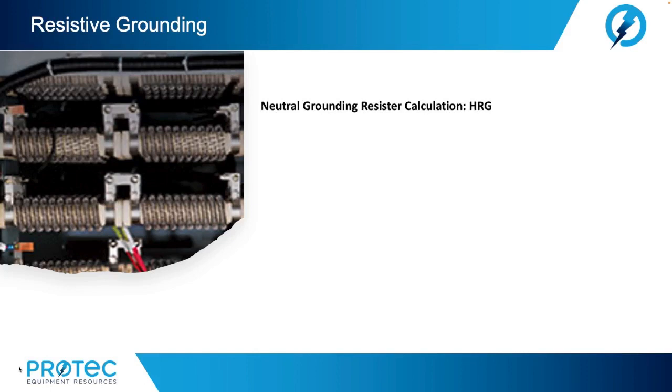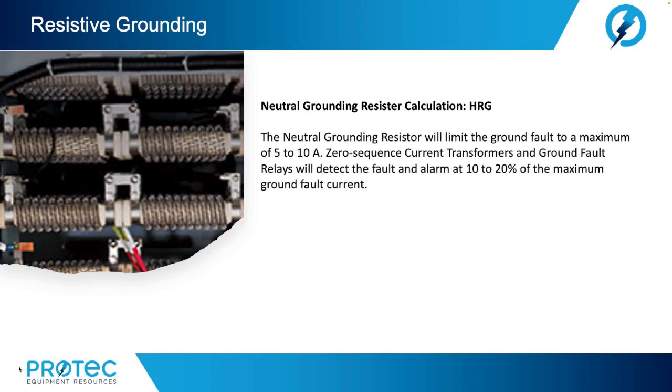All right, now let's look at neutral grounding resistor calculations for a high resistance ground. The neutral grounding resistor will limit the ground fault to a maximum of 5 to 10 amps. Zero sequence current transformers and ground fault relays will detect the fault and alarm at 10 to 20% of the maximum ground fault current.